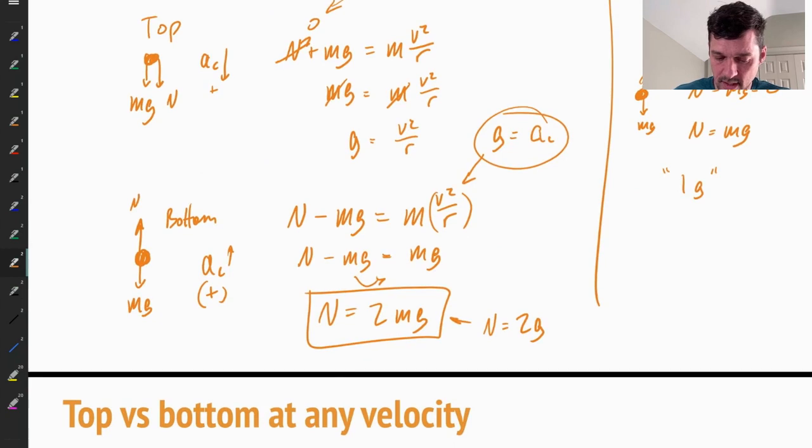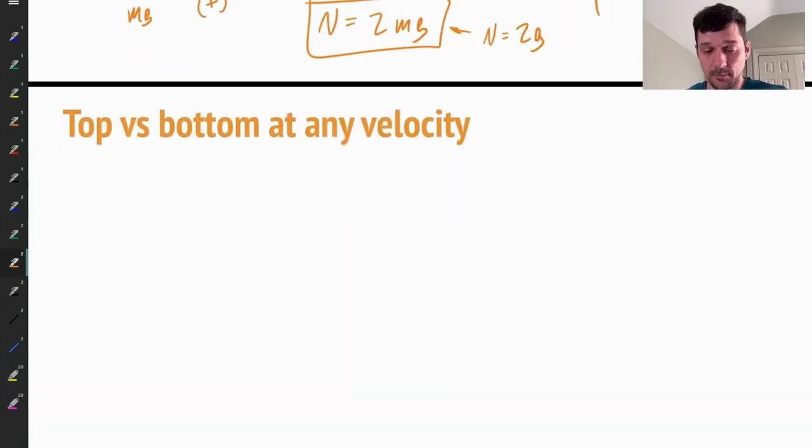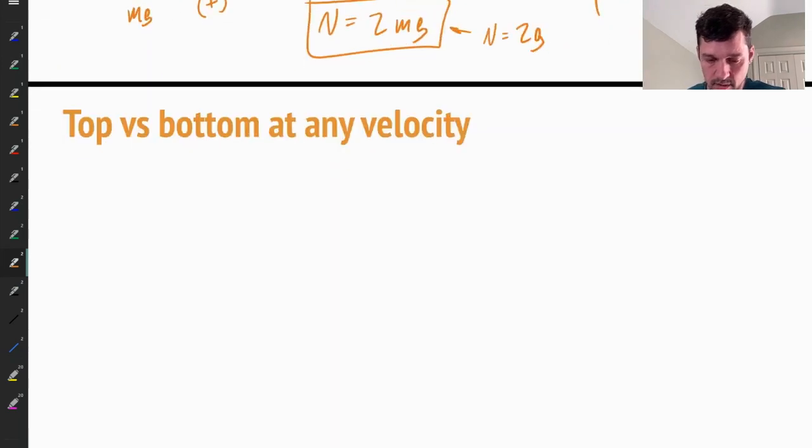So the last example I want to take a look at is the top versus the bottom at any velocity. So what we just described was this critical velocity, the critical velocity when the normal force goes to 0. But not every ride has you floating in your seat as you crest the top of the circle. And so let's consider what happens top versus bottom at any velocity.